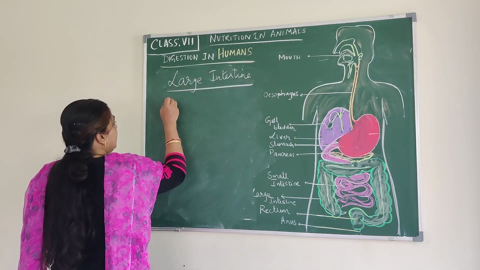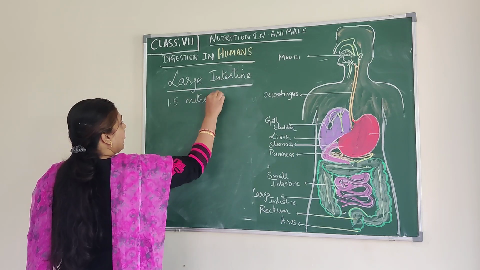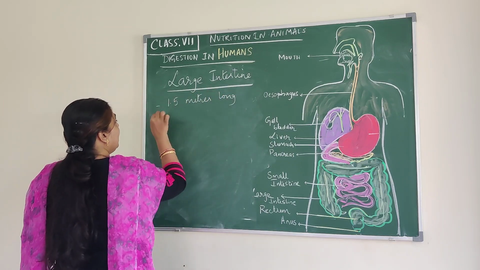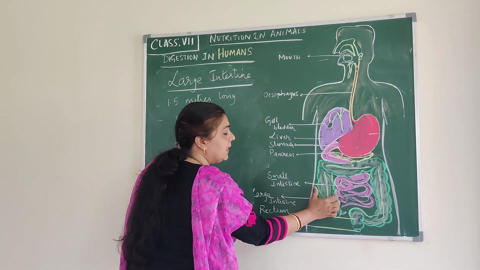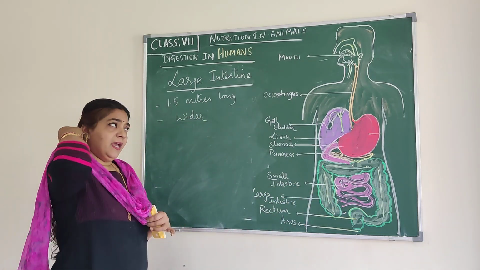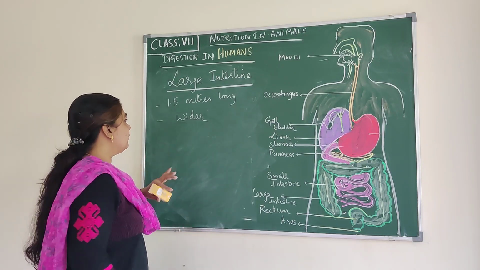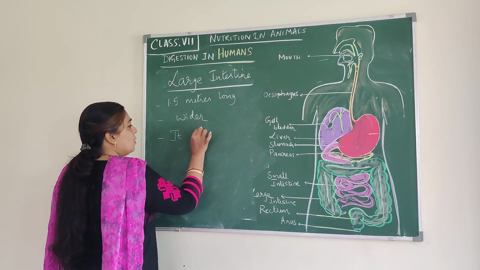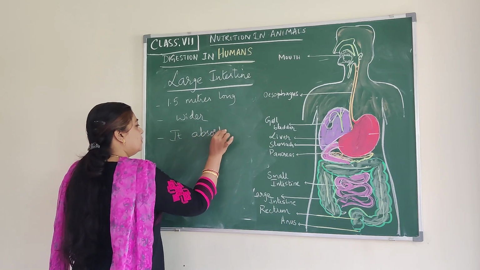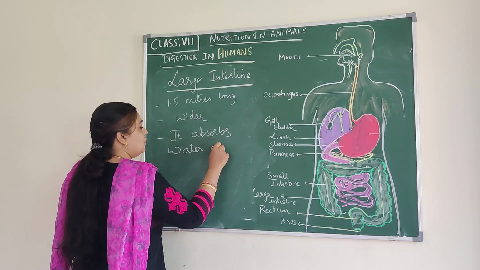Large intestine is around 1.5 meters in long and it is wider compared to the small intestine. It is wider, okay, and it is 1.5 meters in long. So what is the function of large intestine? Large intestine, it absorbs water and salts.